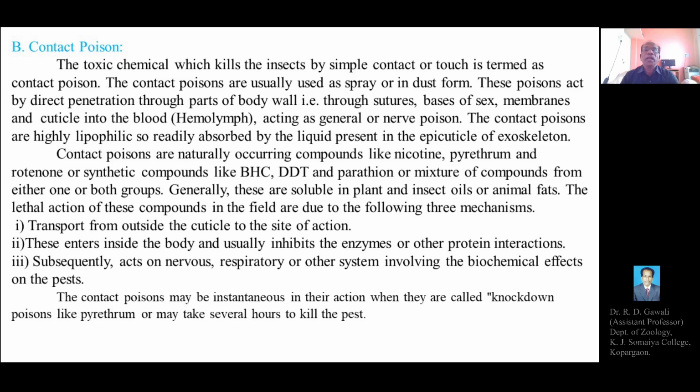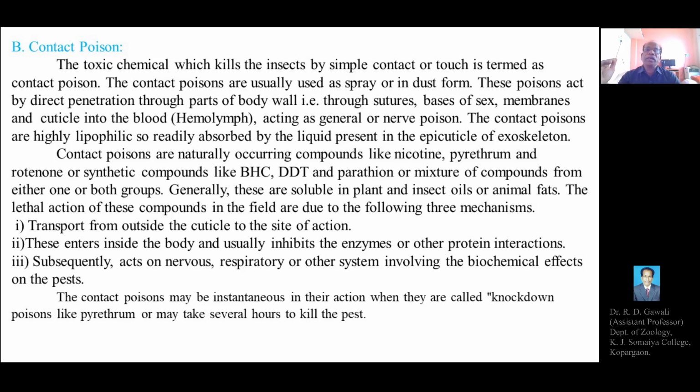Then the second type of insecticide is the contact poison. The toxic chemicals which kill insects simply by contact or touch are termed contact poisons.